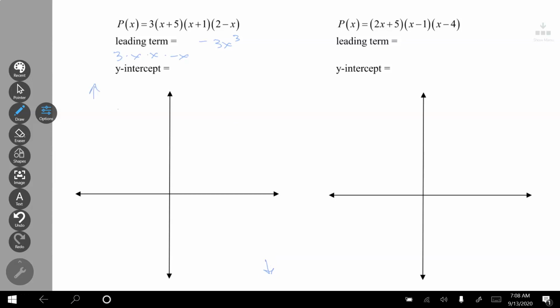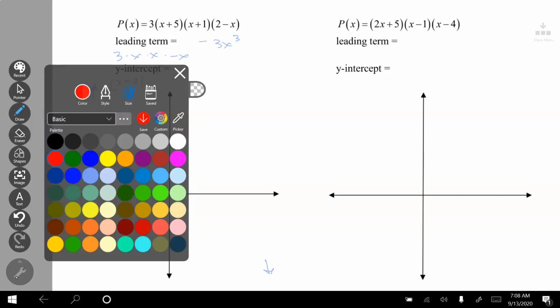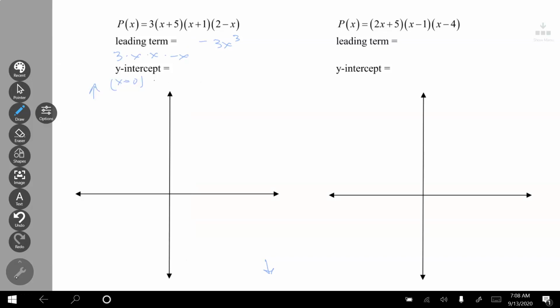How do I find a y-intercept? I multiply out, I plug in x equals 0. I get, don't forget the 3 up front, 3 times 5 times 1 times 2. I get 30 as my y-intercept. My x-intercepts: first parentheses is negative 5, second parentheses is negative 1, last parentheses is 2.